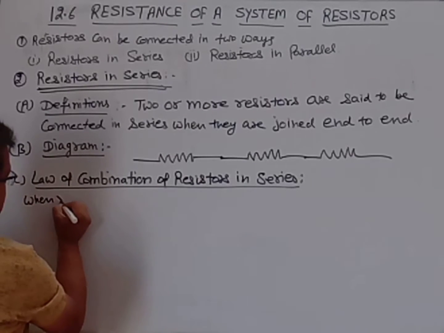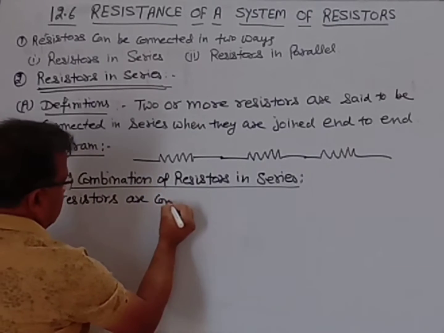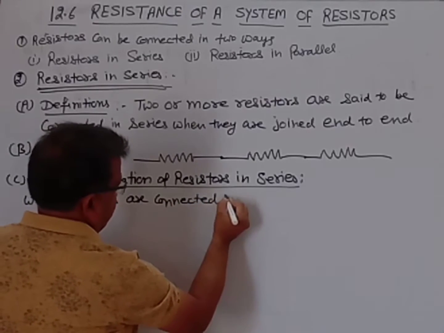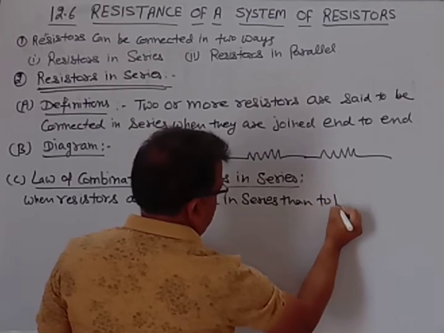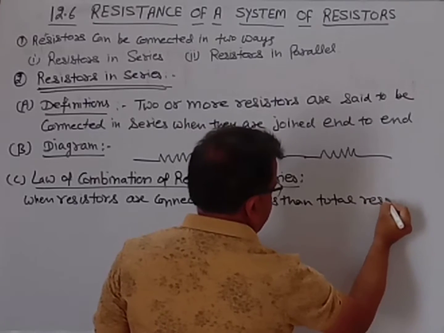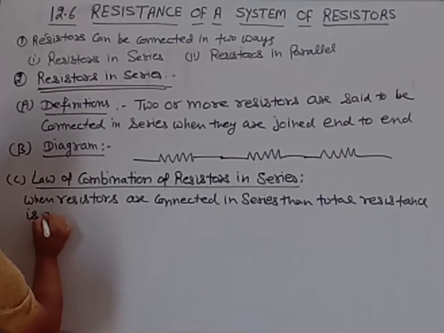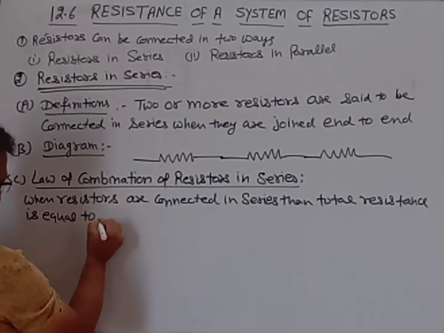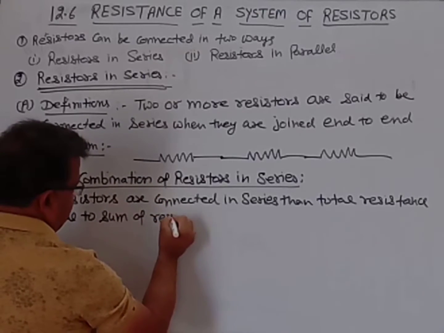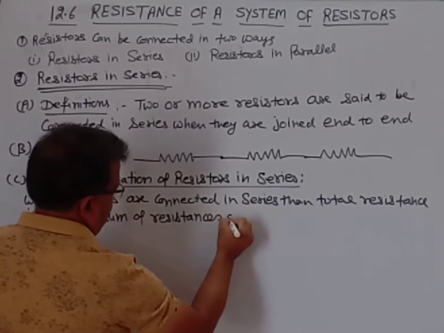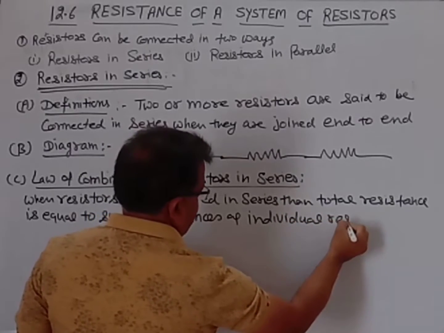When resistors are connected in series, then the total resistance is equal to the sum of the resistance of individual resistors.